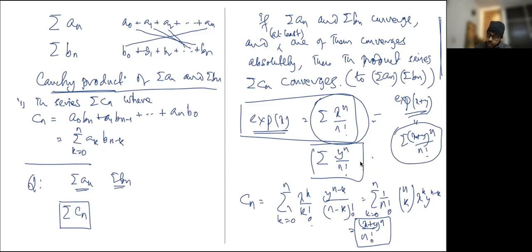But what is new here is this part. It tells us that this is the sum of the first series, this is the sum of the second series, and their product would be equal to the sum of the product series, which is this. So you have this nice equation that this function is going to satisfy.